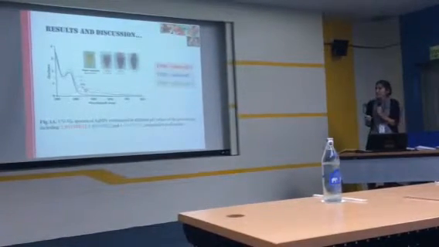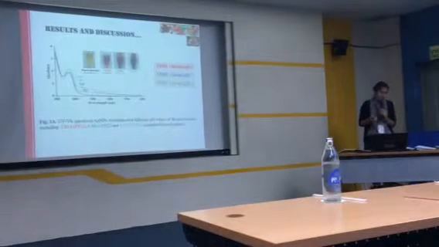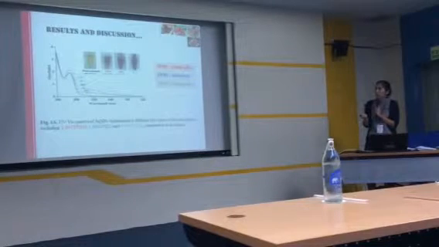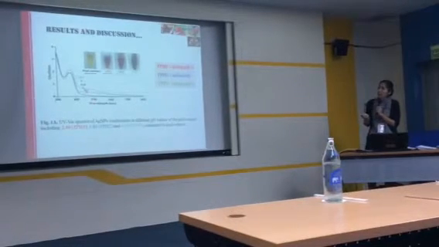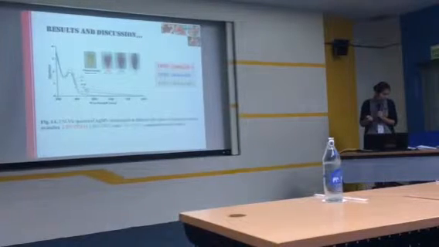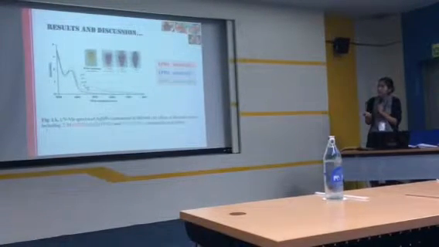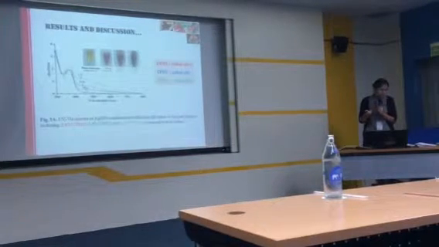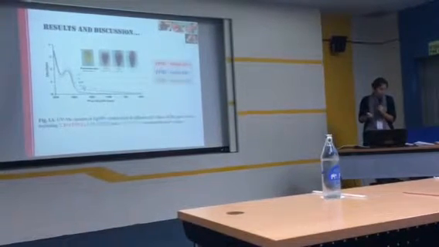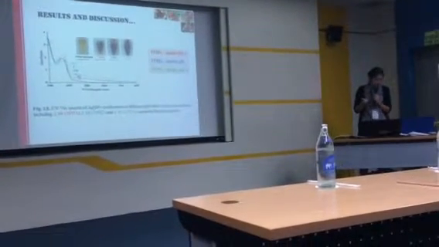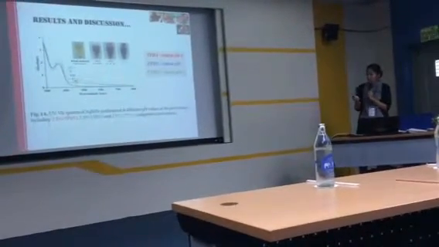The characteristic peak of silver nanoparticles due to surface plasmon resonance was observed at around 400 to 500 nanometers. The absorption peak shifted to shorter wavelength with a rise of pH value, possibly because of the decrease in size of the silver nanoparticles.